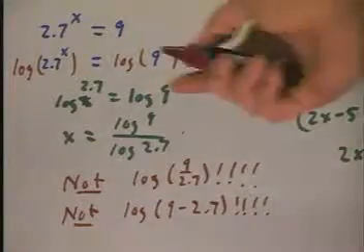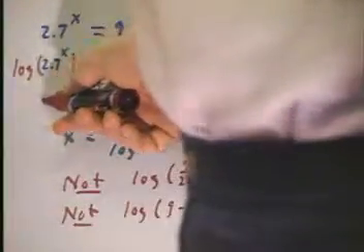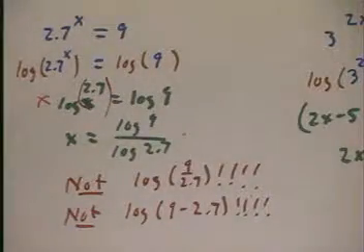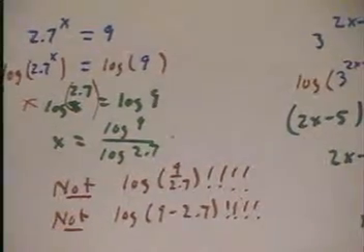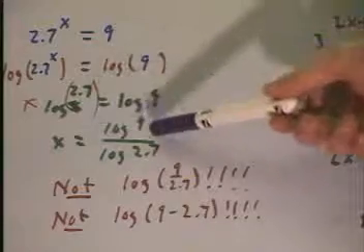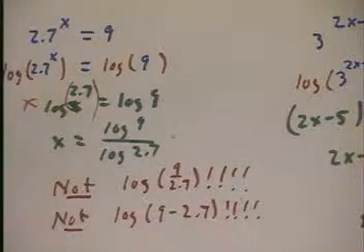What we actually have here is x times the log of 2.7. That should be x times the log of 2.7 is the log of 9, so x is the log of 9 divided by the log of 2.7.